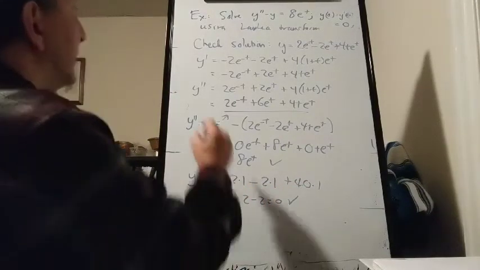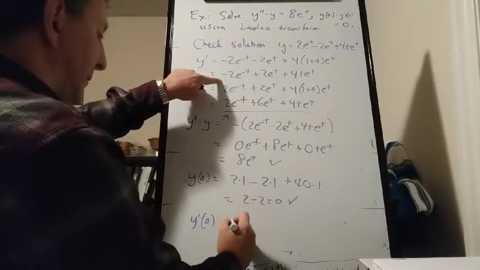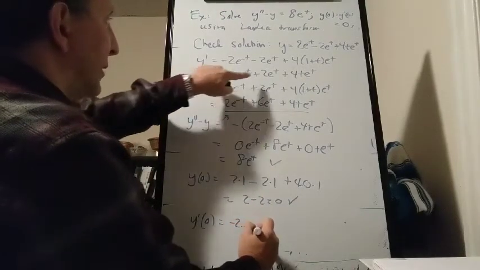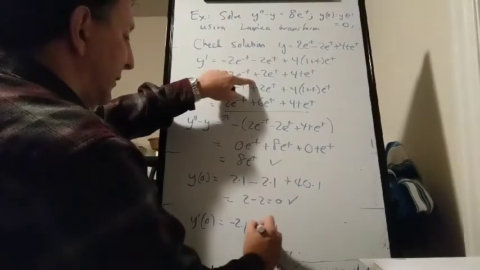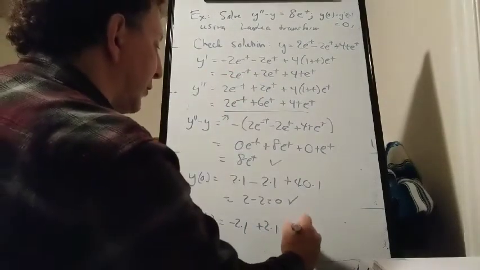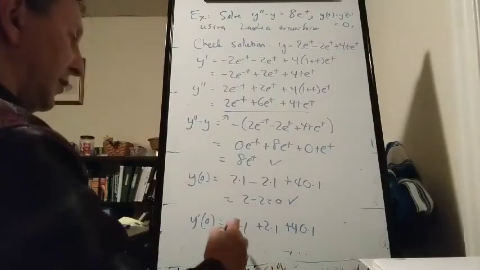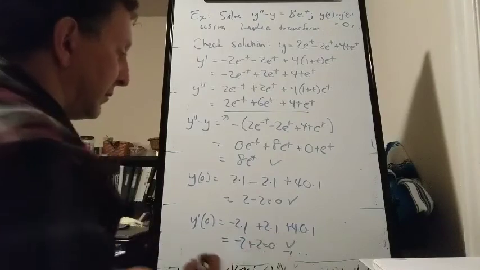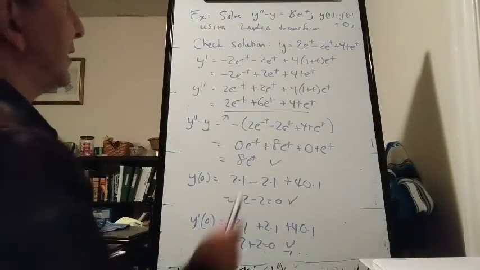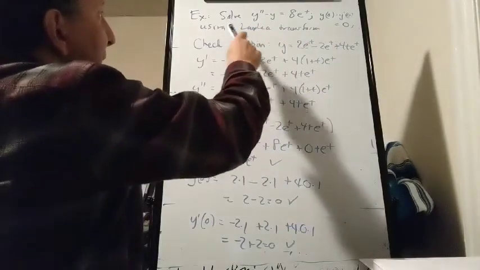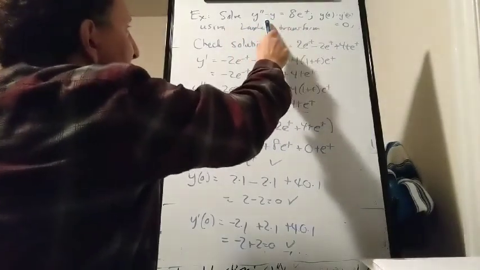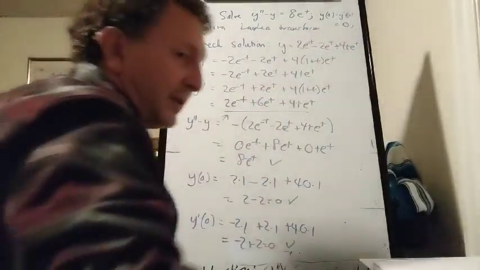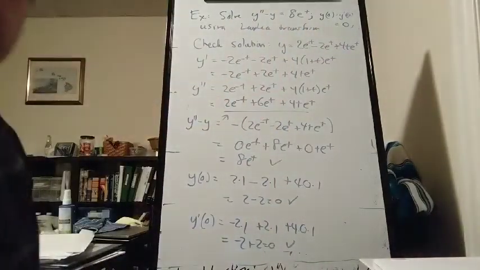Y prime of 0 is minus 2 times 1 plus 2 times 1 plus 4 times 0 times 1. So again, minus 2 plus 2, which is 0. Okay, so we did actually find a solution of this differential equation. In fact, a solution of the initial value problem, which is the solution of the differential equation that satisfies those two initial conditions too. The end.